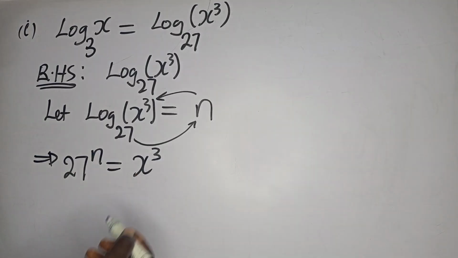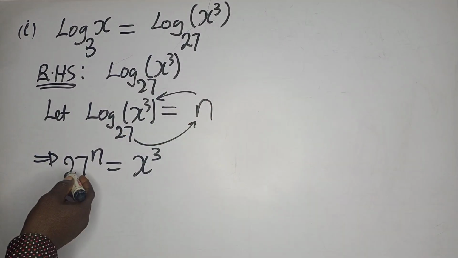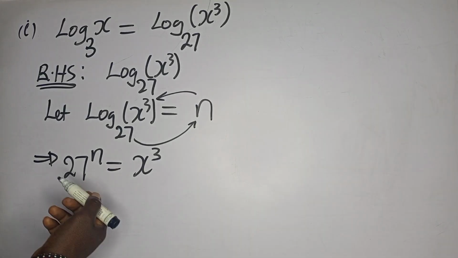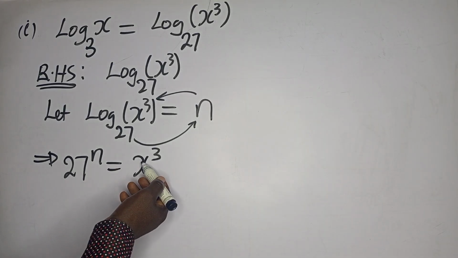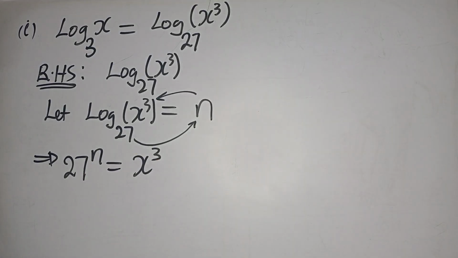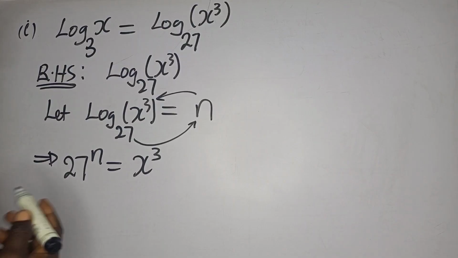Now looking at this, remember I want to solve for n. We know that 27 is 3 to the power cube because here on the right hand side we have x to the power cube. And so we find some similarities there, at the level of their powers. That will lead us faster to the value of n.